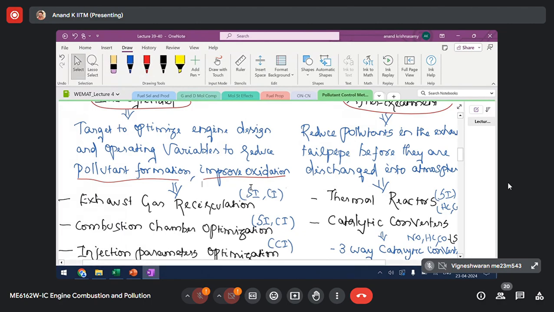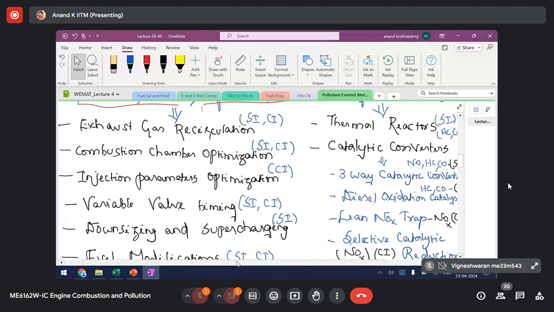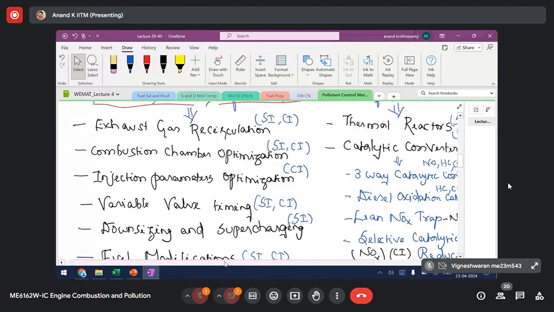So you have various options under this in-cylinder control method. Those are listed here, and I have also indicated in which engine each is effective, whether it is for SI, CI, or both. Okay, so these are the in-cylinder control methods, starting with exhaust gas recirculation. I will give more detail as we move on. Here, let us just look at the available methods and where they are used, whether it is SI, CI, or both.